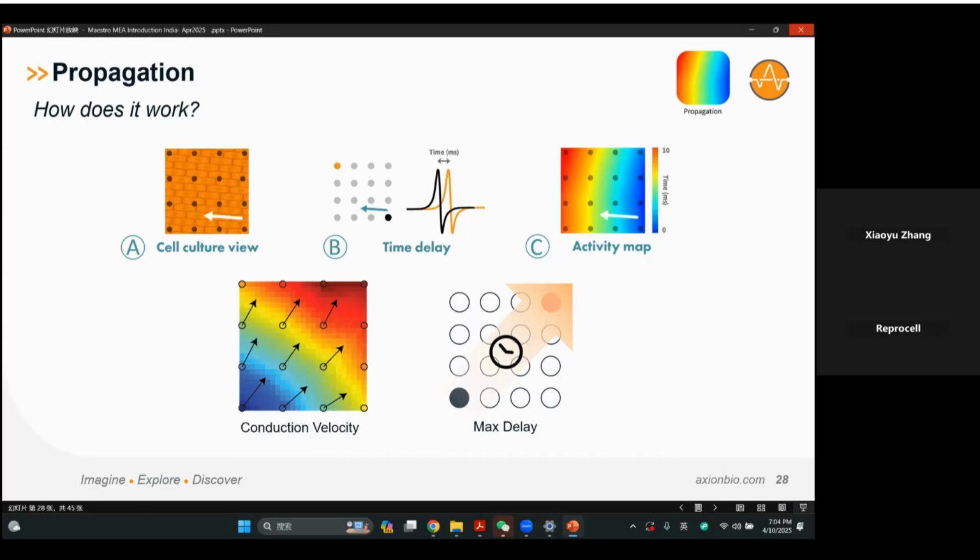The Maestro MEA platform is equipped with from 8 to 64 recording sites per well, allowing for detailed measurement of changes in propagation patterns and conduction velocity. This capacity is particularly useful for pharmacological investigation and during the differentiation of the cardiomyocytes.